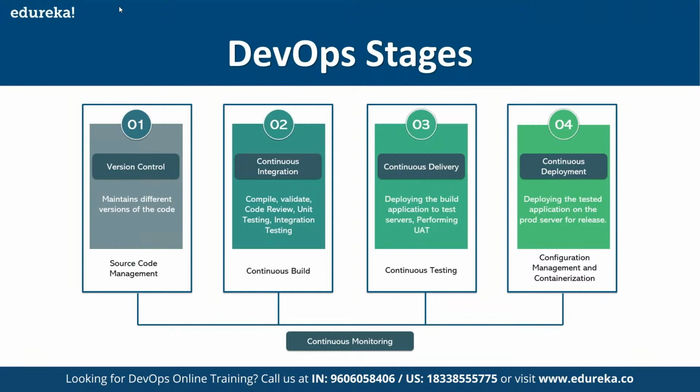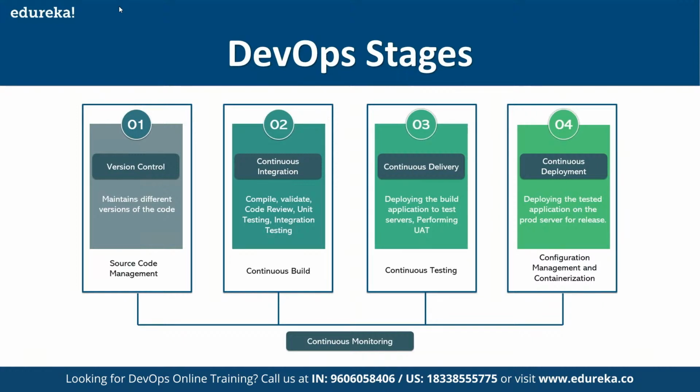Now the difference between delivery and deployment, guys, is this: in continuous delivery, when you deploy an application to a lower lifecycle UAT environment and you want to promote it to the prod environment, you have some manual intervention. It can be a change control process, your manager's review, all those things. But in continuous deployment, there is no manual intervention.